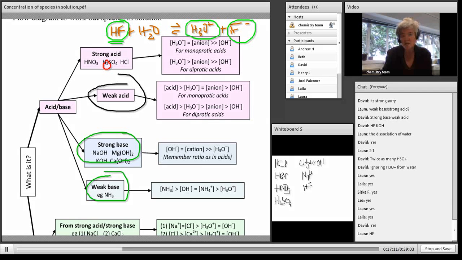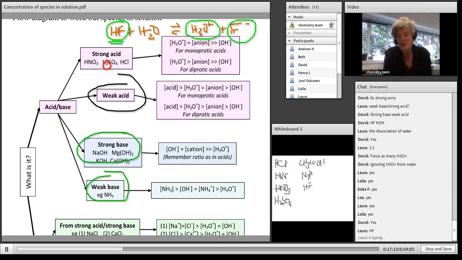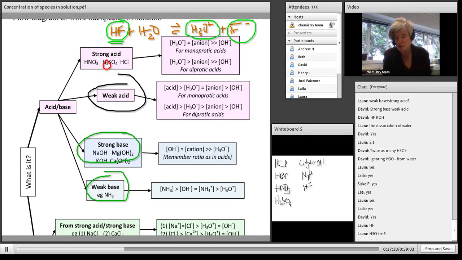What can you tell me about the hydronium and fluoride? They will be in equal amounts? Approximately equal amounts? Either of those is right, so you would say that they were equal, or if you wanted to be very specific, you could say there's a tiny little bit more hydronium ions from the dissociation of water. And then what's going to be in the least amount?